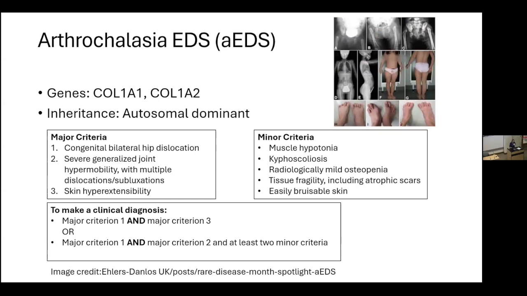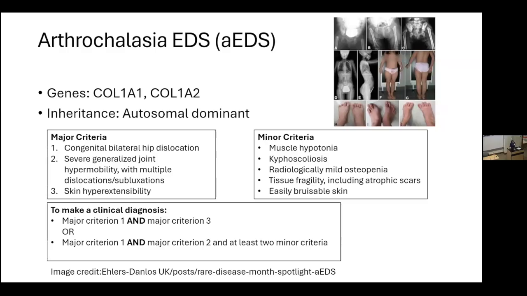The arthrochalasia type is caused by genes encoding type 1 collagen. So these are called COL1A1 and COL1A2, inherited as an autosomal dominant. And here the major criteria are congenital bilateral hip dislocations.